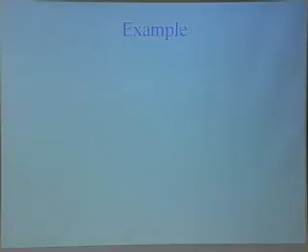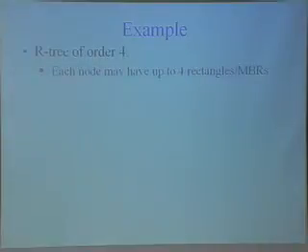Let's look at an example to try and crystallize these ideas or concepts. We'll construct an R tree of order 4 for a collection of rectangles in 2-dimensional space. So in such an R tree, the capacity of a node is 4.